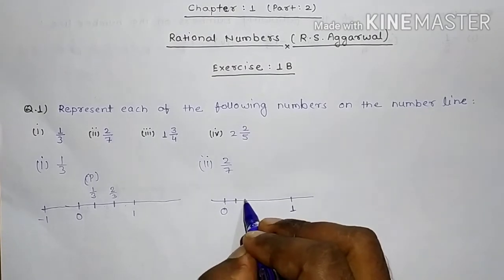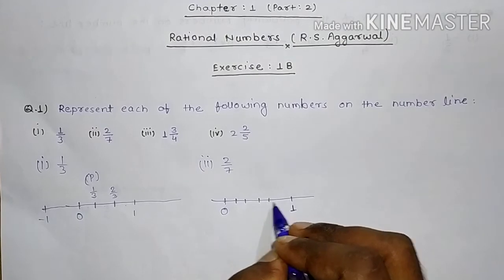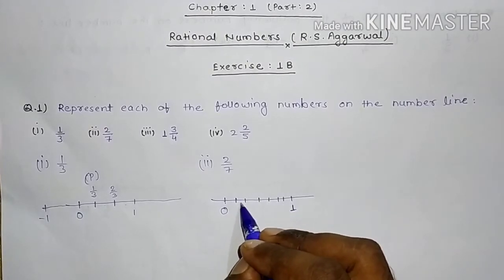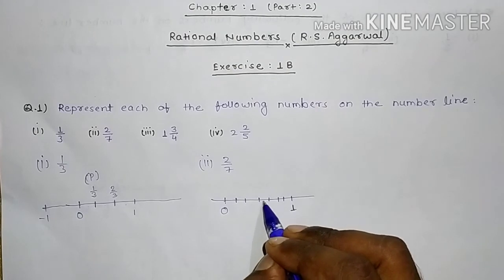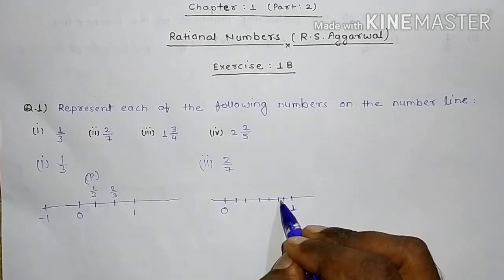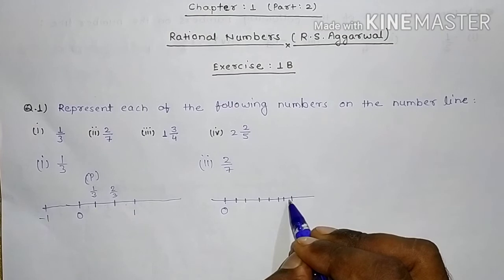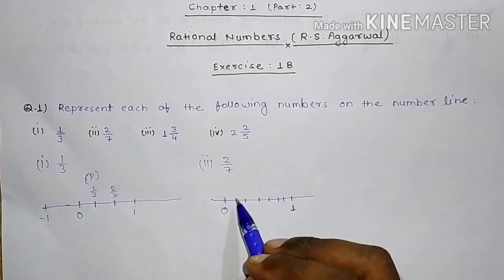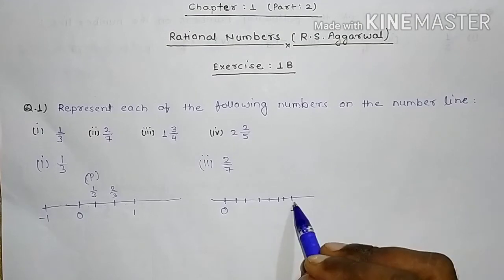So 1 2 3 4 5 6. So this is first part, second part, third part, fourth part, fifth part, sixth part, and seventh part. So denominator is 7, that's why I am dividing 7 parts.